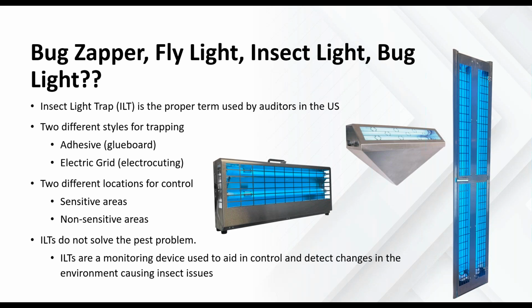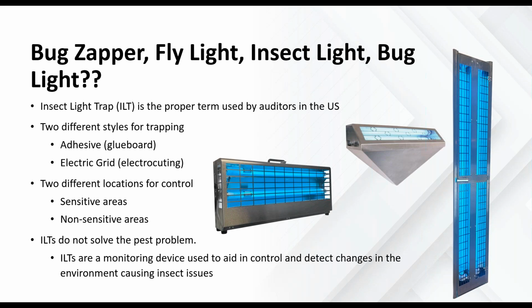In addition, there are two different styles of locations where you would be using these insect light traps. These would be sensitive areas, such as where there's food production or food handling, or non-sensitive areas where there is no food or sensitive materials present, as well as exterior places in a facility.